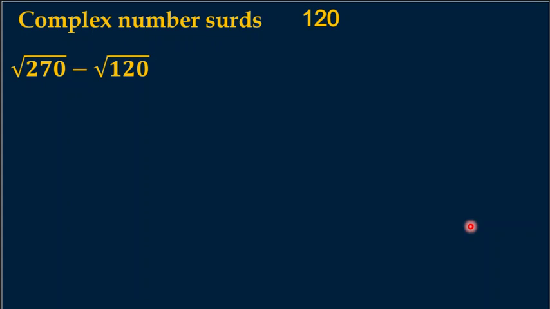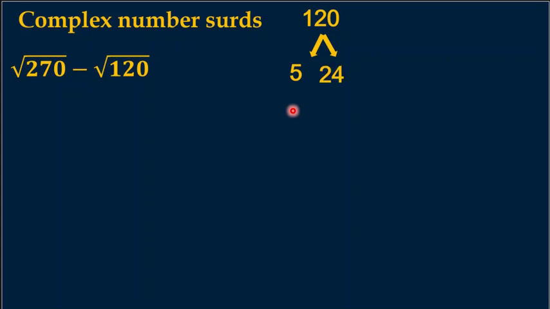So if we are to find the numbers that will multiply to get 120 or 270, we can use the prime factorization of it. So prime factorization of 120, here 5 times 24.